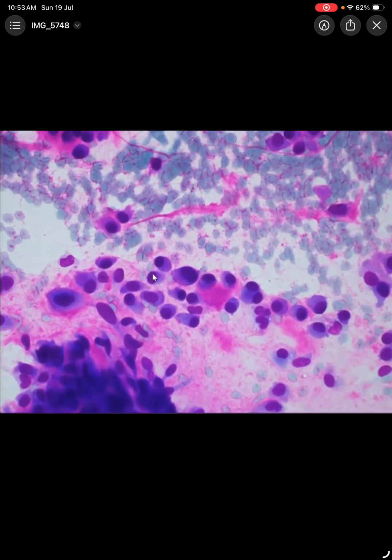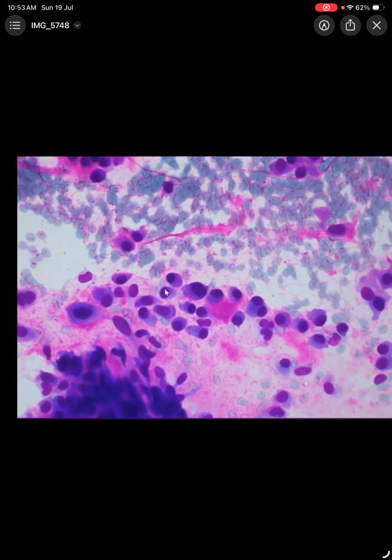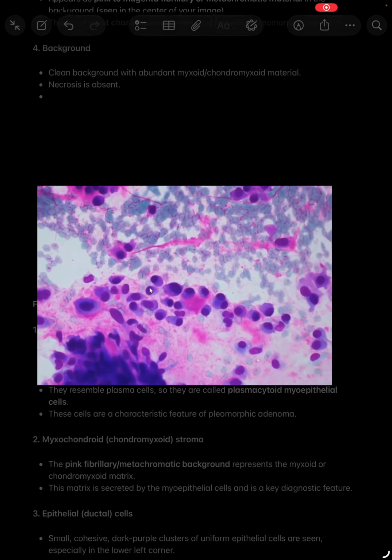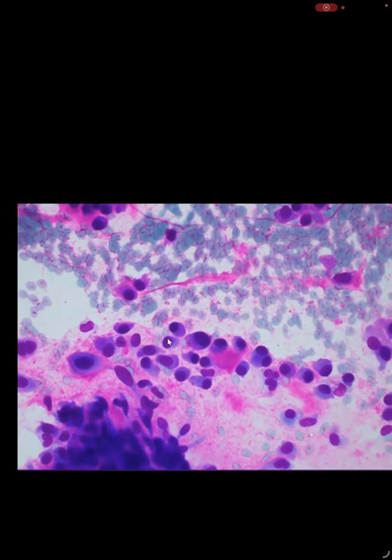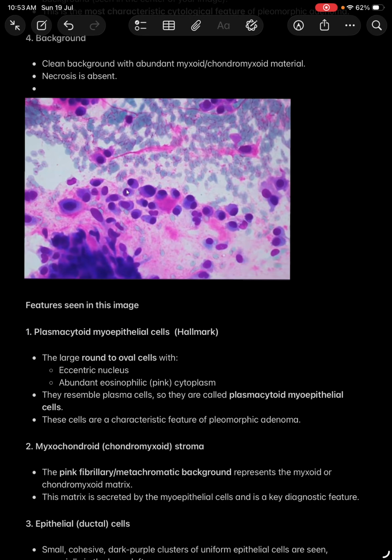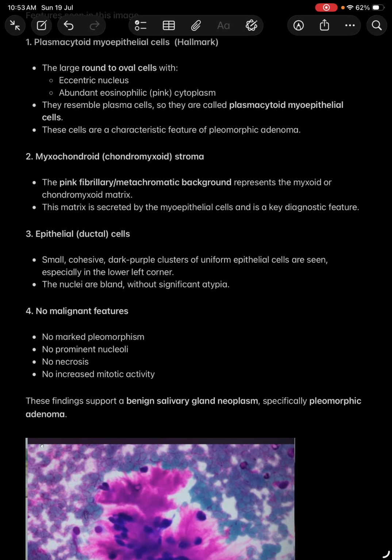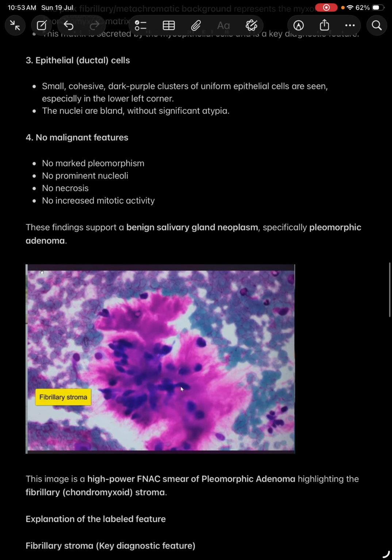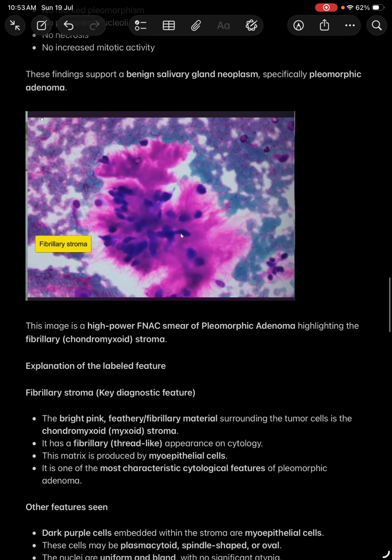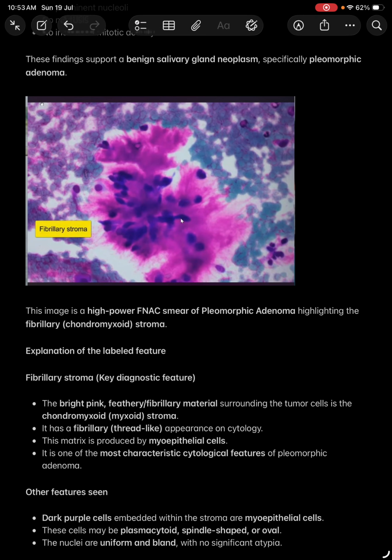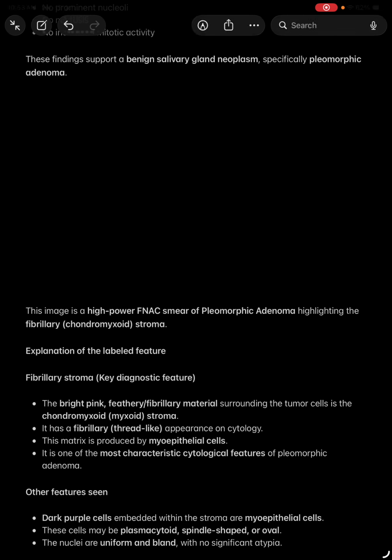This is also a smear of pleomorphic adenoma.